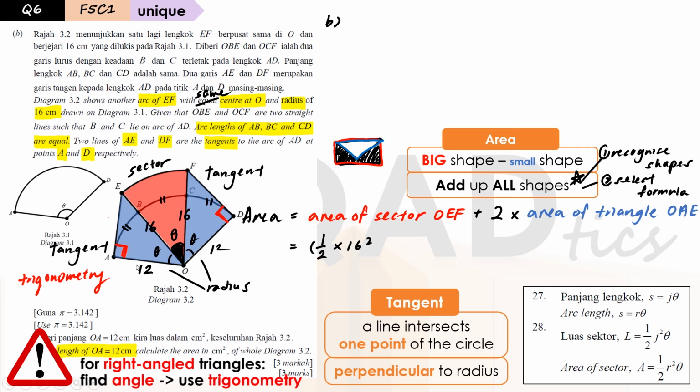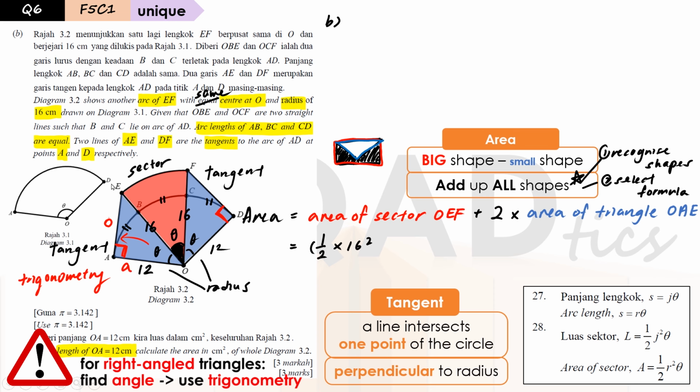So let's start off with opposite. Opposite is the line which is opposite of this angle. So opposite of this angle would be this line AE. So AE is actually the opposite line. And the other line here would be the adjacent.